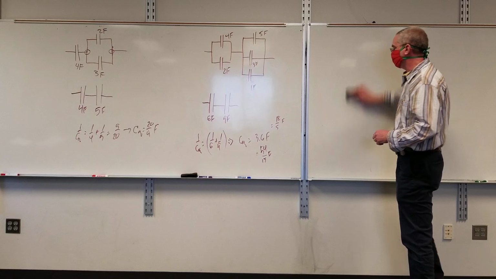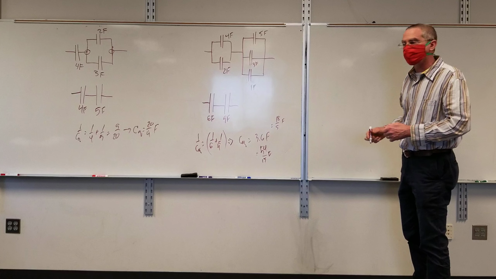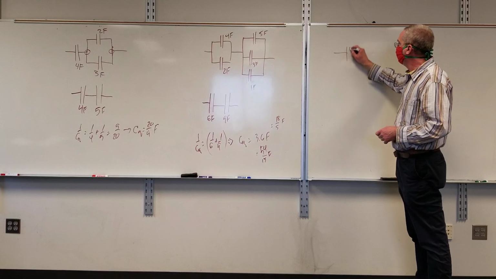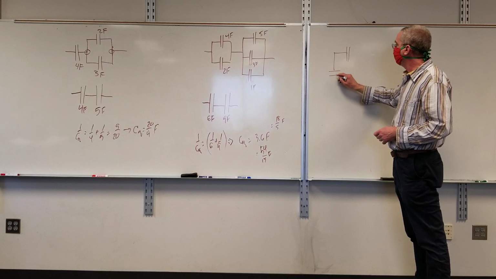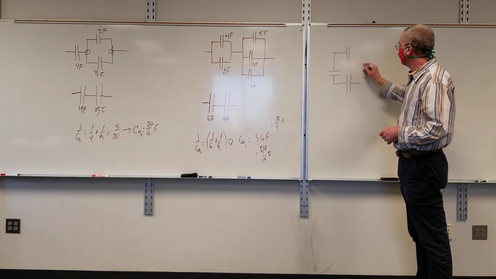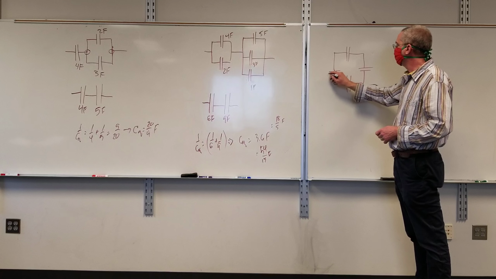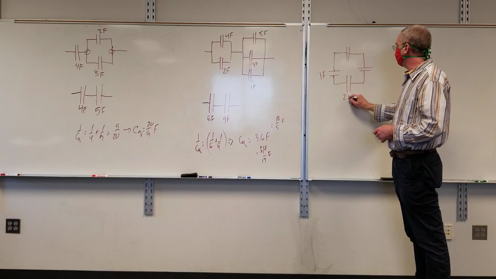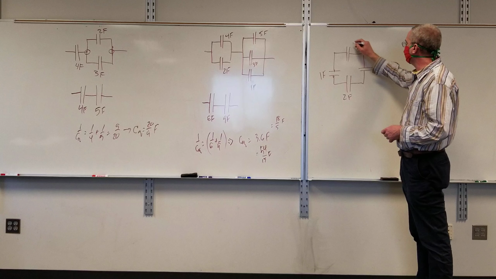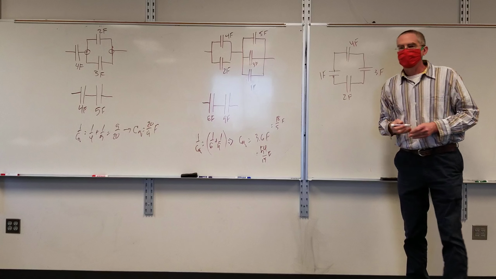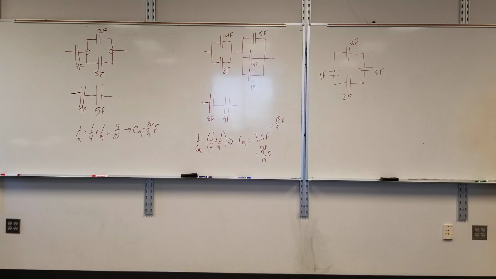All right, so the more complicated one. We'll make that 1 farad, 2 farads, 3 farads, and 4 farads. What is the equivalent capacitance? I assume there's a wire that comes off of this at some point.